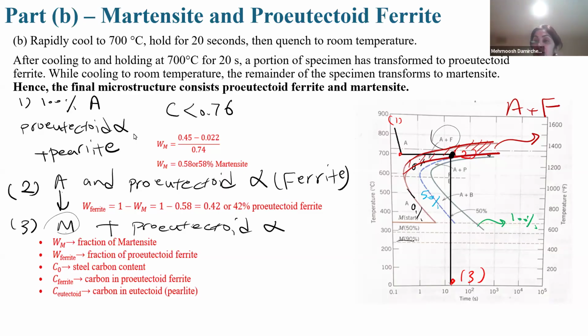What is the weight percent of martensite? Exactly the weight percent of pearlite that you calculated with the lever rule in the phase diagram. And proeutectoid alpha, again, is exactly the weight percent that you calculated by using the lever rule in the phase diagram. Here, C naught is 0.45.